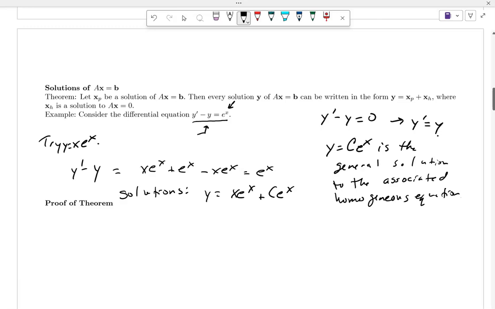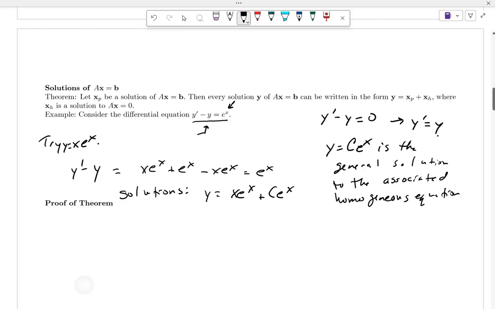Okay. All right. So let's think about the proof of the theorem here. The proof of the theorem just says that if I have a particular solution, then I can write every single solution as that one particular plus something that's the solution to the associated homogeneous one, right?